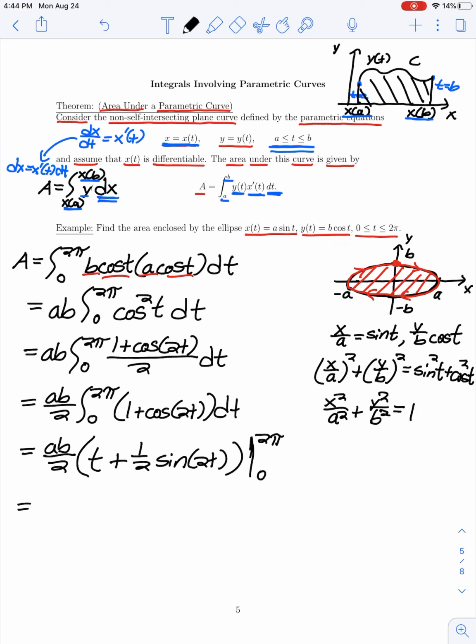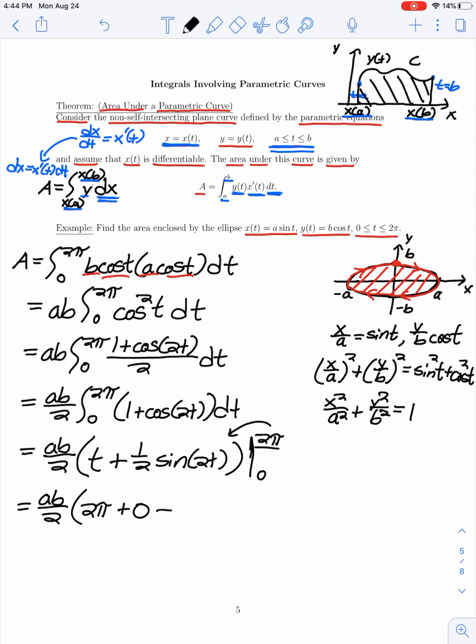Let's see what we have. Out in front, we still have our constant ab over 2. Then we're multiplying by the value that we get by substituting our upper limit of integration, 2 pi, into this antiderivative. So we would have 2 pi plus half of sine of 4 pi. Now sine of 4 pi would be 0.